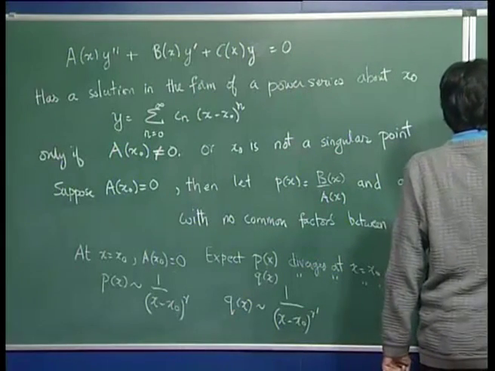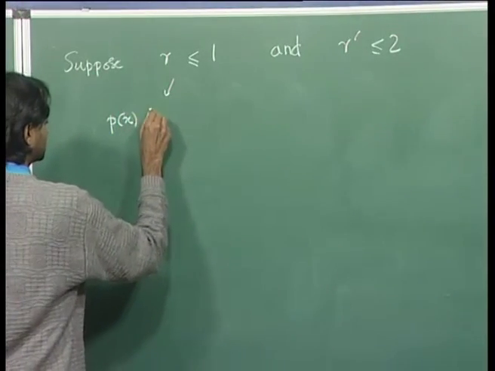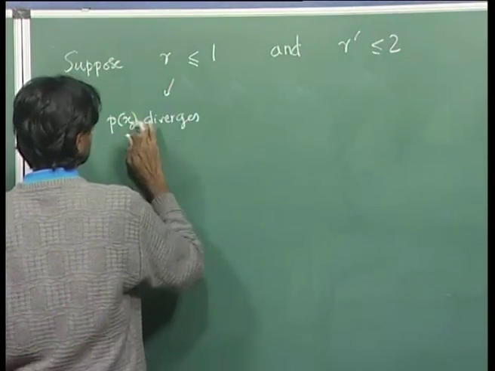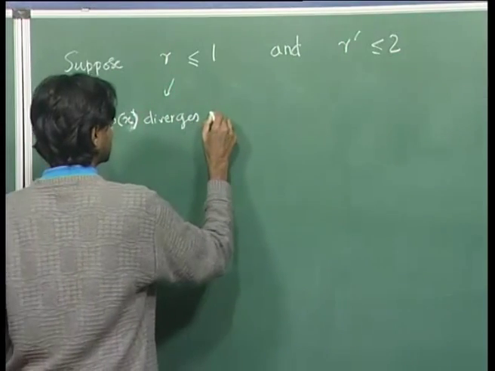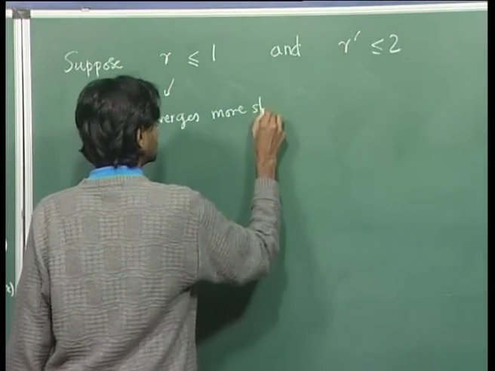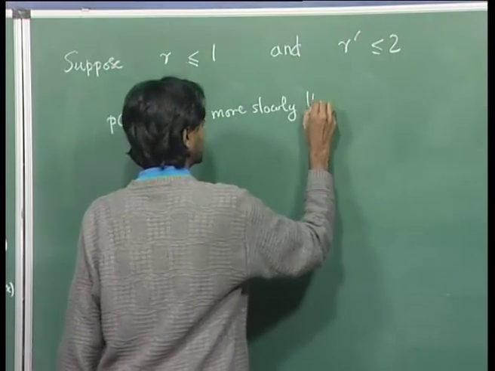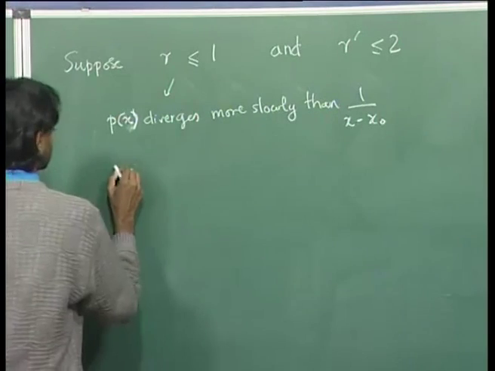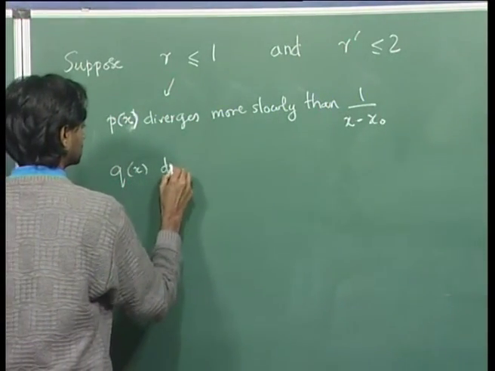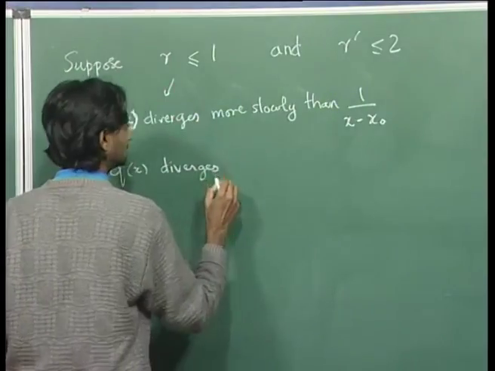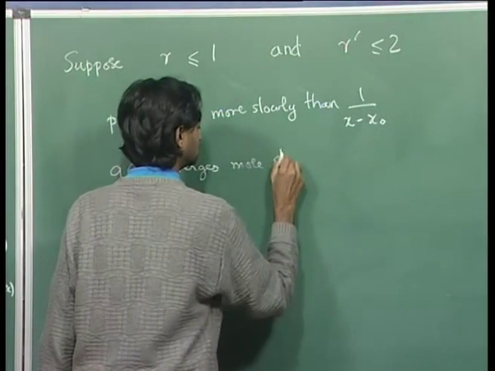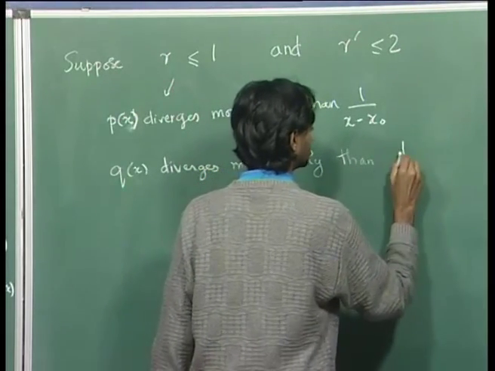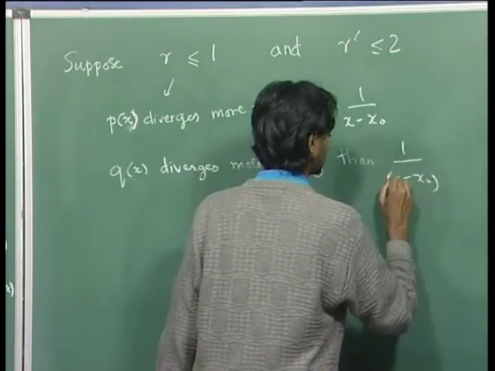So, in other words, p of x diverges more slowly than 1 over x minus x 0, and q of x diverges more slowly than 1 over x minus x 0 squared.